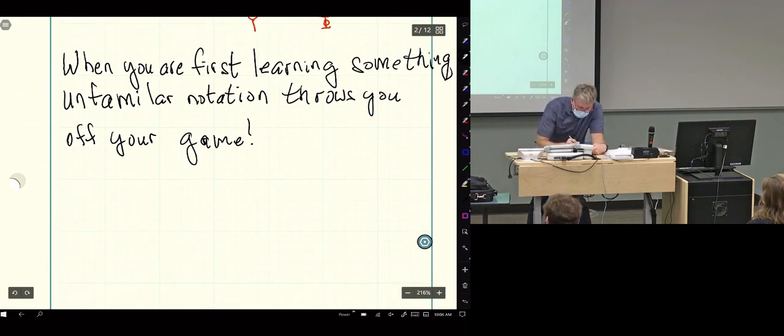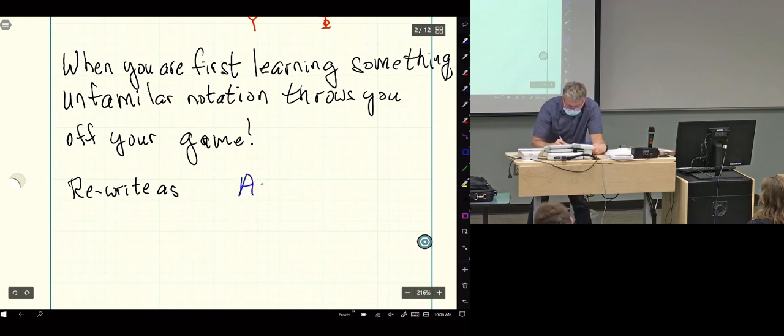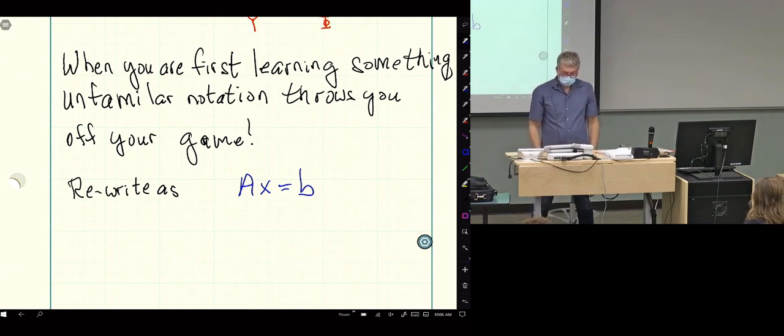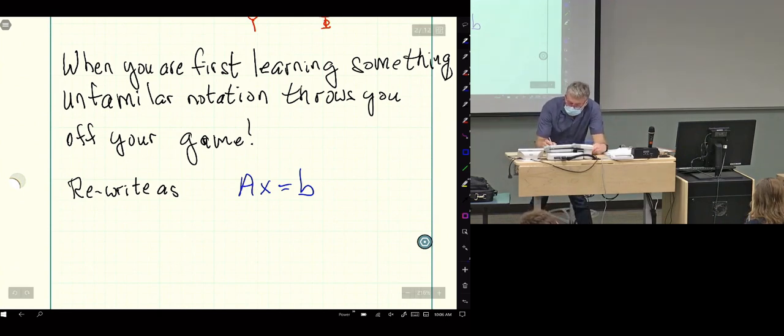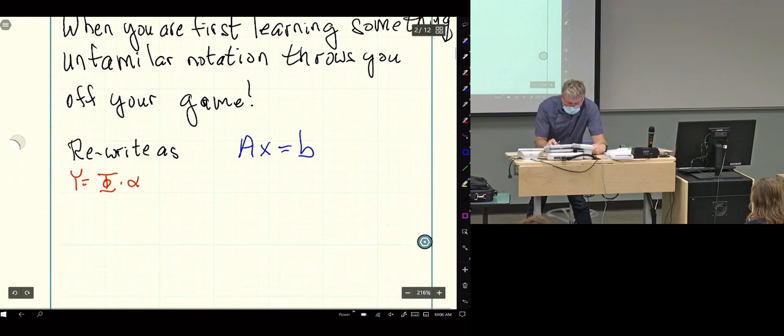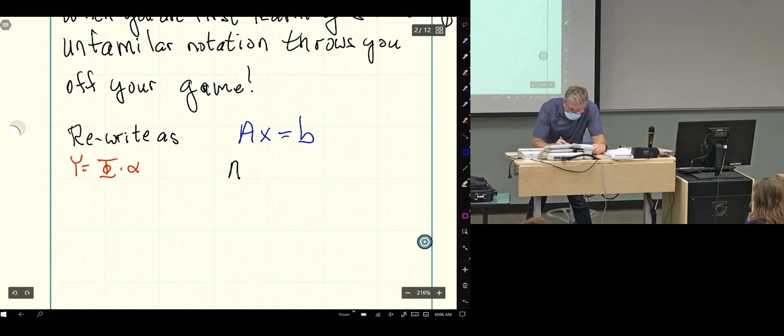Okay, so let's rewrite as Ax equals b. What is the A? What is the x? What is the b? So the original equation was y equals phi times alpha. So what we have is A is the matrix phi.